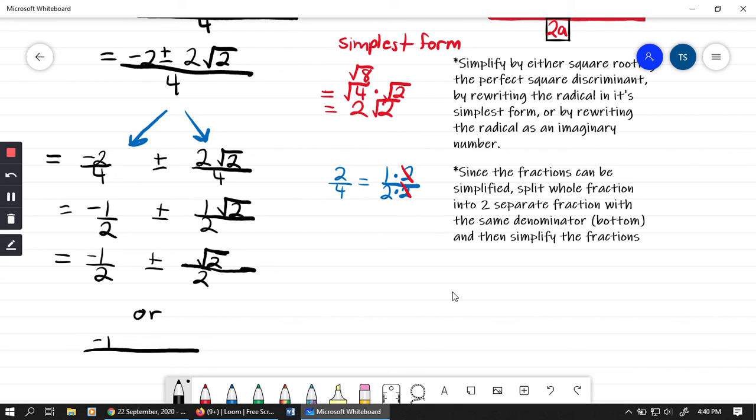At the bottom, you still have the same denominator, 2. At the top you'd have -1 plus or minus the square root of 2. So you could write your answer in one form or the other.